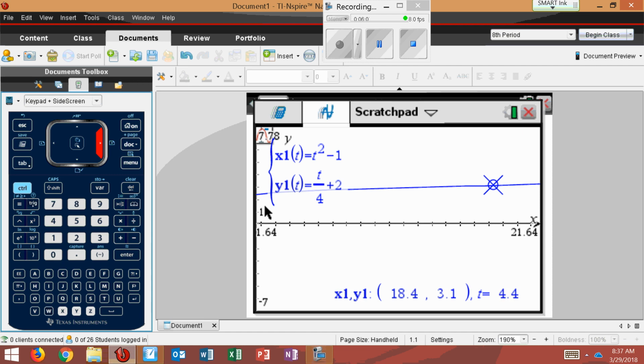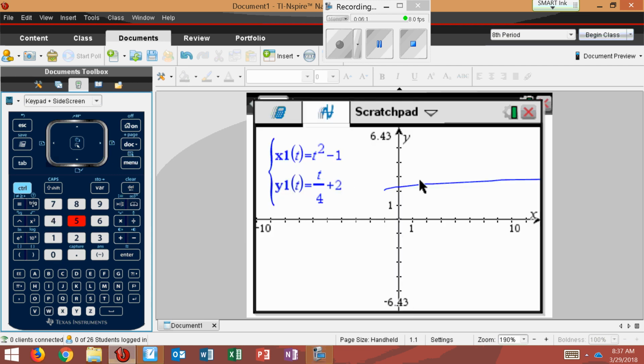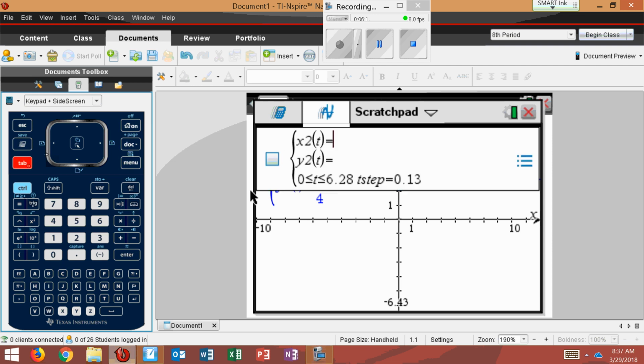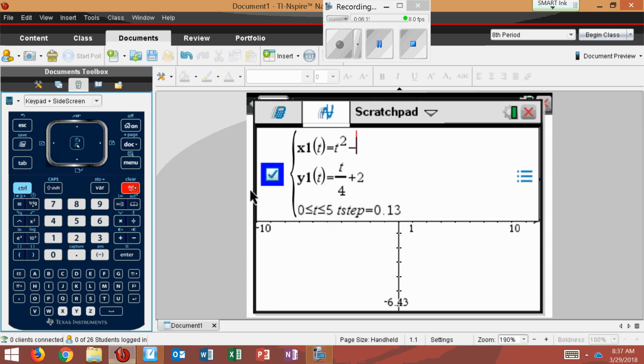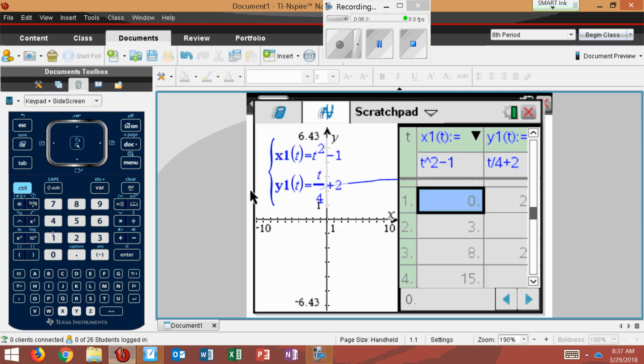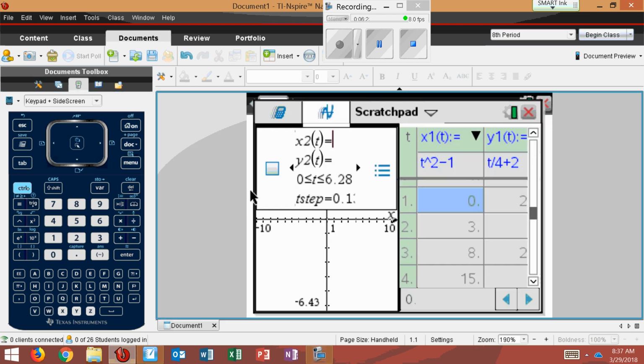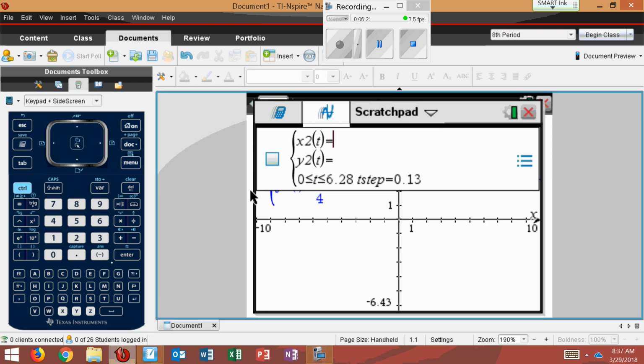So our first equation now, I'm going to zoom standard this to get it back up to the origin. Now I'm going to press tab to change my equation. The equation is now a fraction. It was t squared. Let me go back here. Control T. Okay. I want a fraction.